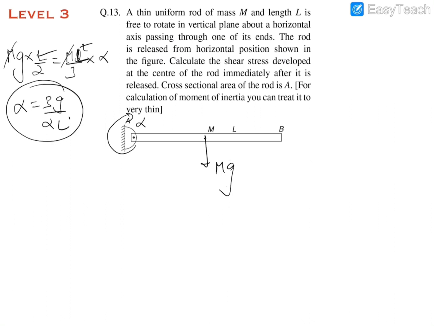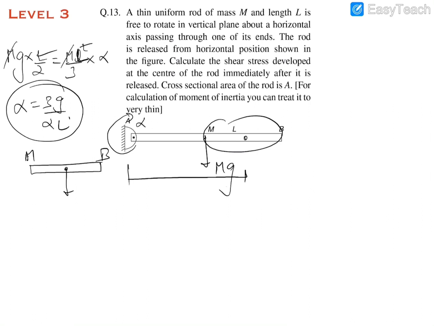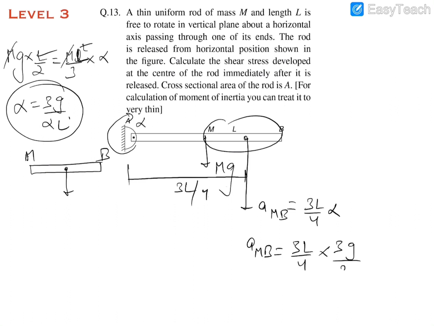Now if we consider this part only, BC, or we can say that this part is MB. On this part, the center of mass would be at a distance of 3L by 4. And therefore the acceleration of this part MB will be equal to 3L by 4 into alpha, and alpha is 3g by 2L.